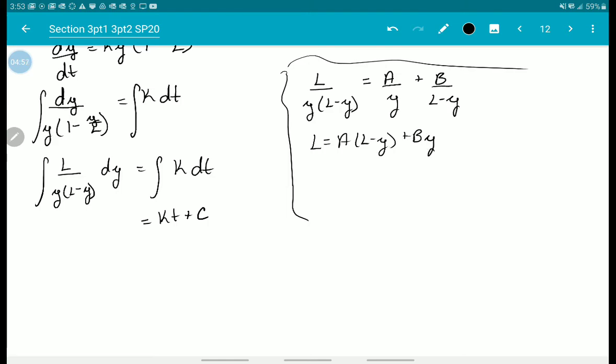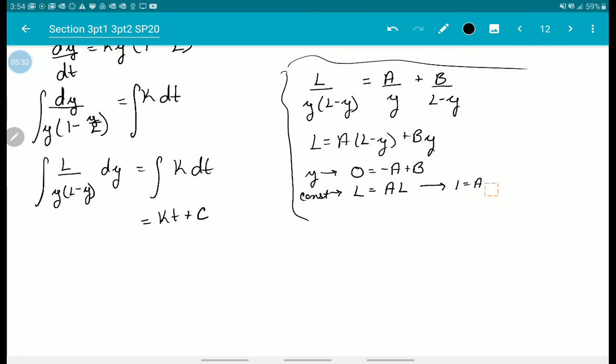So if we build that system, let's look at the coefficient of y. On the left it's 0. On the right it's negative a plus b. And then if we look at the constants, on the left we have L. On the right we have a times L. So this tells us, if we divide both sides by L, that a has to be equal to 1.